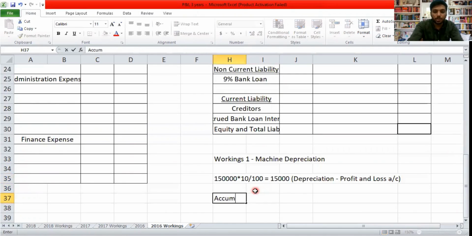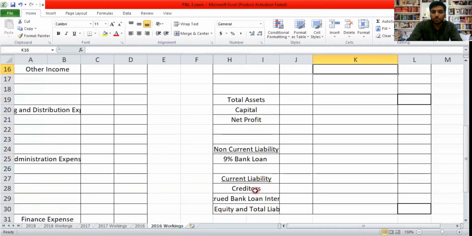And the same 15,000, when you're showing the accumulated depreciation. In earlier sums we had provision, we added the provision along with the depreciation, and we got the provision for depreciation. Here there's no provision, so you just need to take the same depreciation, which is 15,000, and show it here. It's the same amount you're going to take to the balance sheet. So I'm going to take this 15,000 to the balance sheet first of all.